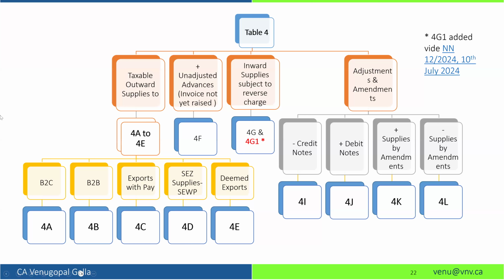The fundamental question is, if 4G1 is introduced now, while this liability and turnover was there all this while, where was this turnover getting reported earlier? There was no other table. People were reporting under 4A to 4B, between B2B and B2C.